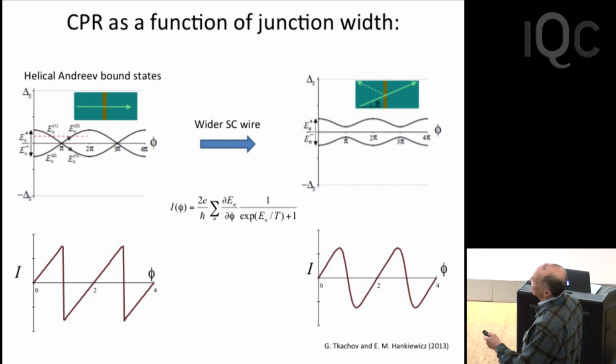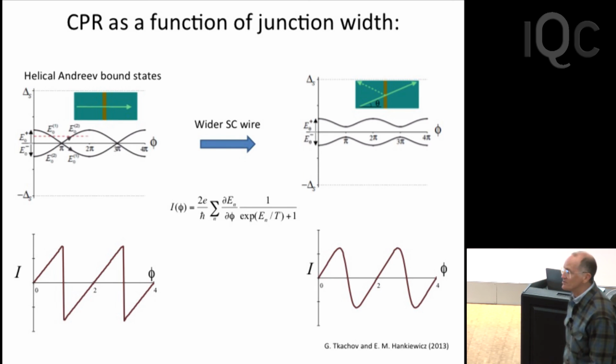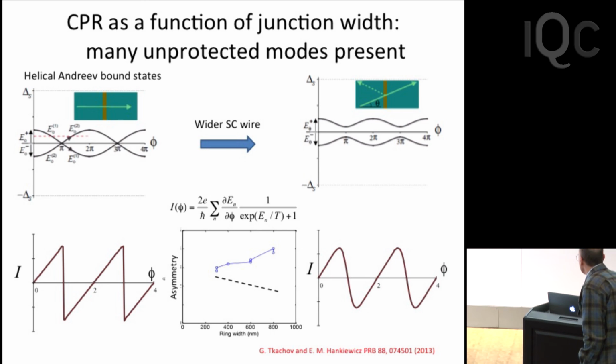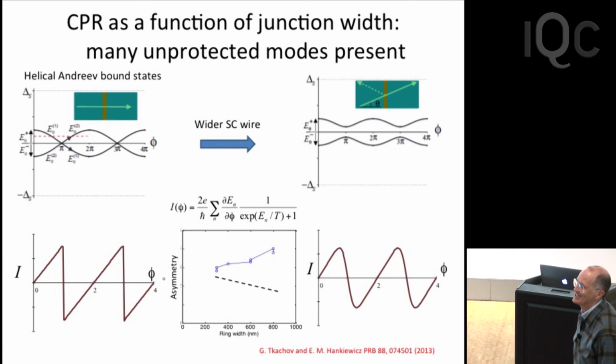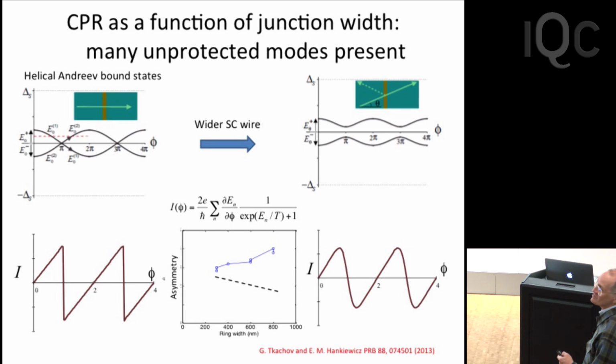So you expect to go from something which looks pretty sawtooth-like to something which looks more rounded as you go to wider junctions. What we see, in fact, is just the opposite. As you go to wider junctions, the asymmetry gets bigger. And this dashed curve is sort of a cartoon drawing of what you might expect to see.